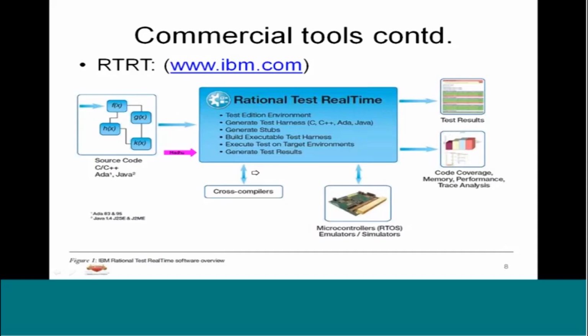And it uses the cross compiler such as GNU GCC, etc. to compile the developed test harness and the builds. And it uses the target such as microcontrollers. It could have the RTOS, or it could be with host machine simulators or emulators on the target machine. So that is how the RTRT is structured to be used in white box testing methods.